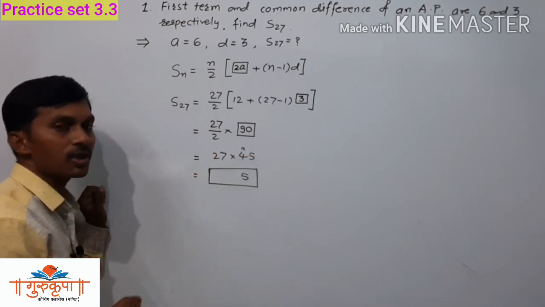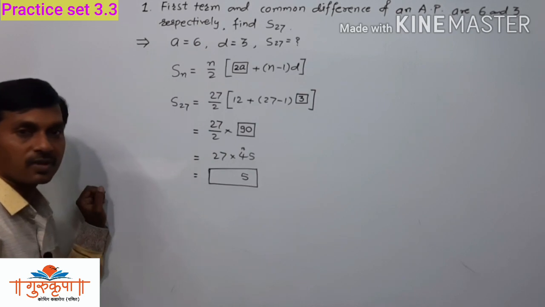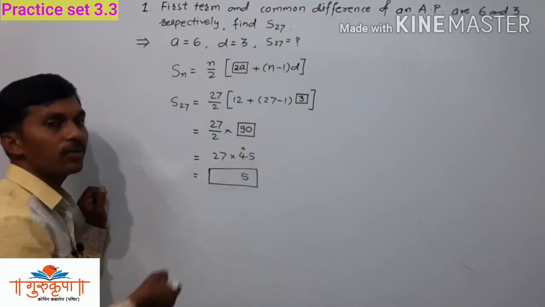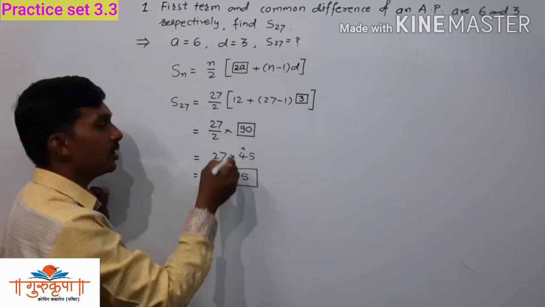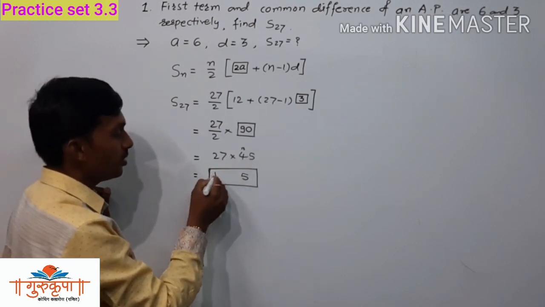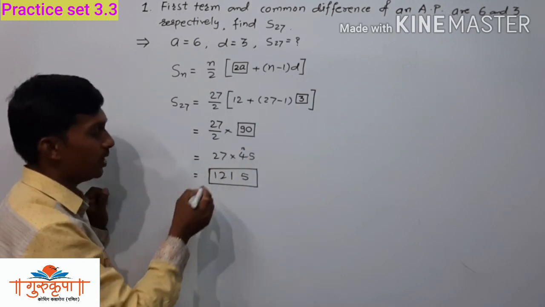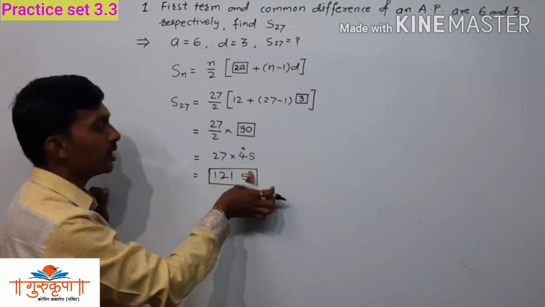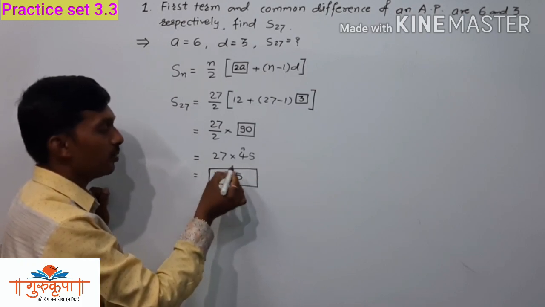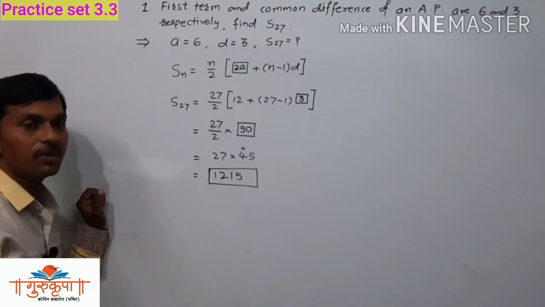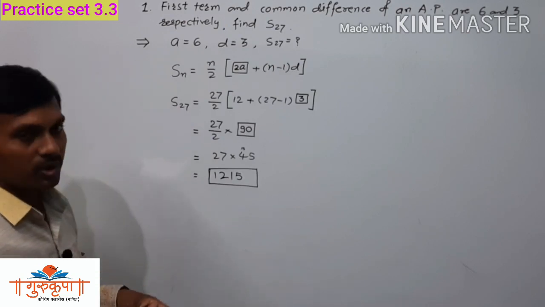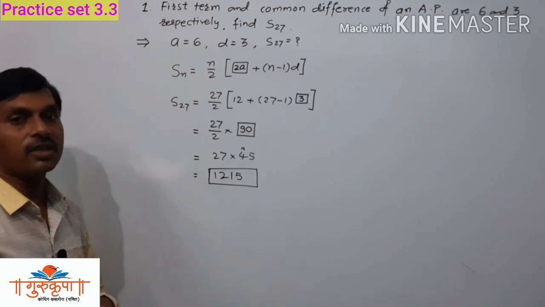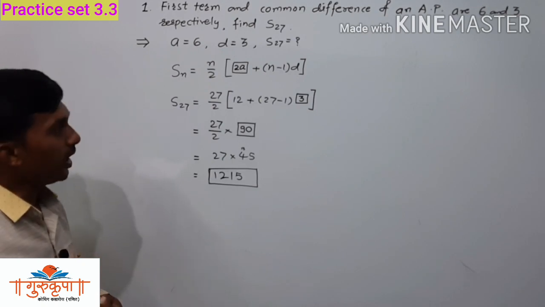Then 27 4s are 108, plus 13, that is 121, and the total product is 1215. So this is all about the first example from the practice set 3.3, which is an activity.